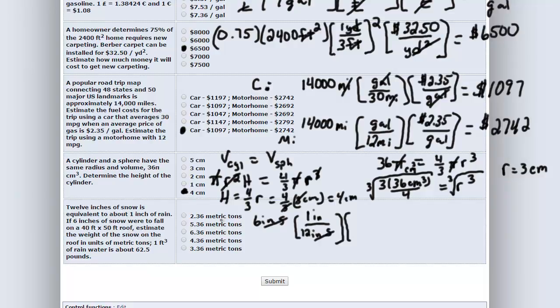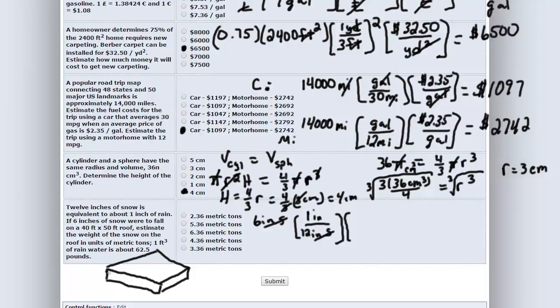So we need to get how much volume of rain is on the roof. So if you have a roof, and let's see if I can draw this right. We have so many inches of snow on this roof, and then let's see.